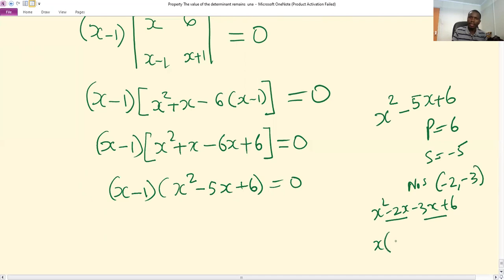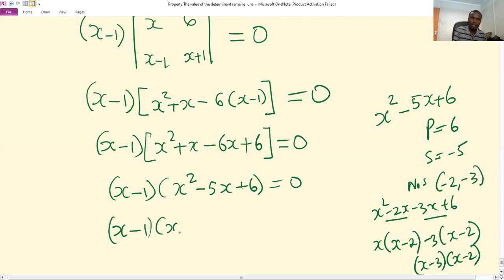Here we'll have x into x minus 2, minus 3 into x minus 2. So we have x minus 3, x minus 2. So we'll have x minus 1 into x minus 2 into x minus 3 equals 0.